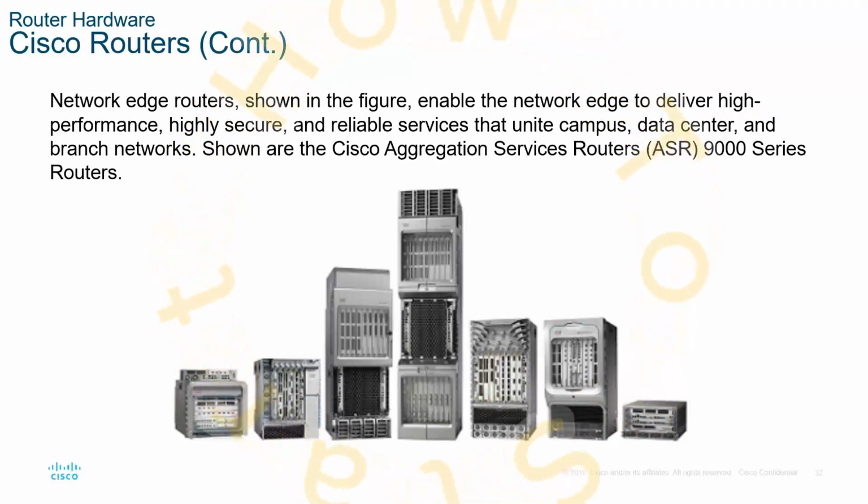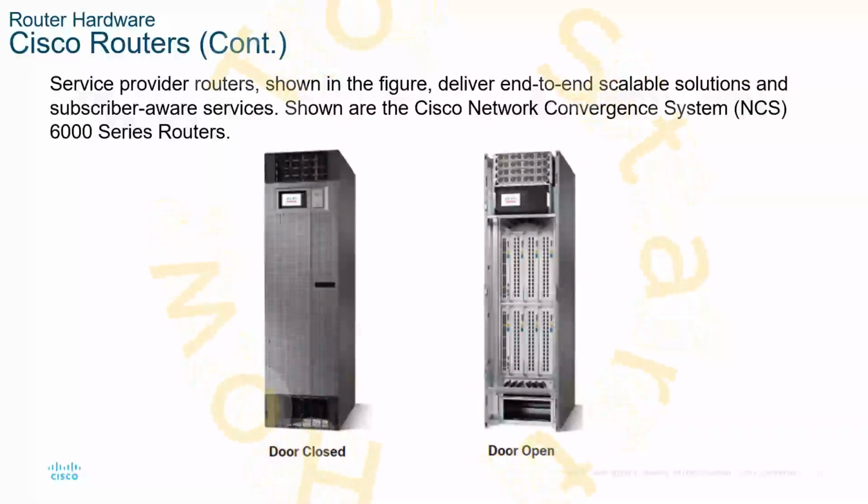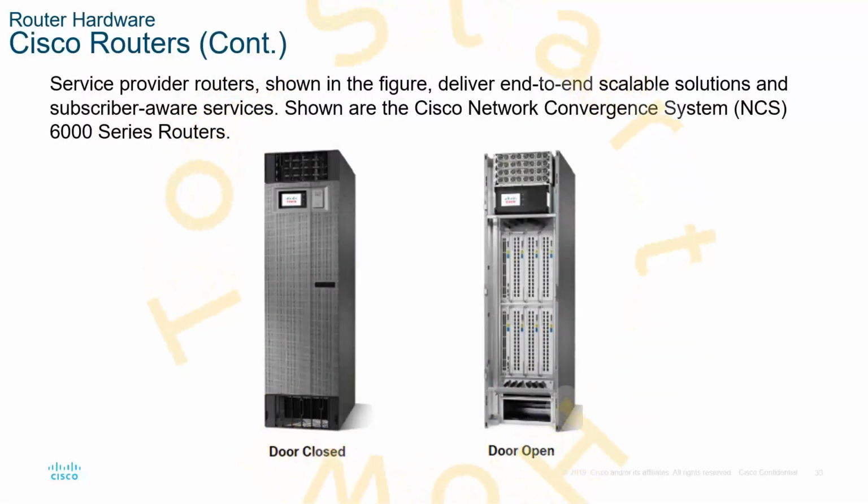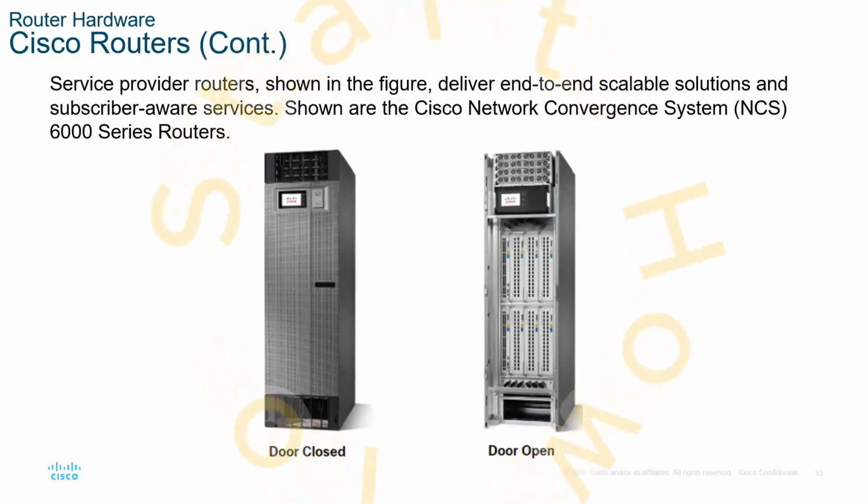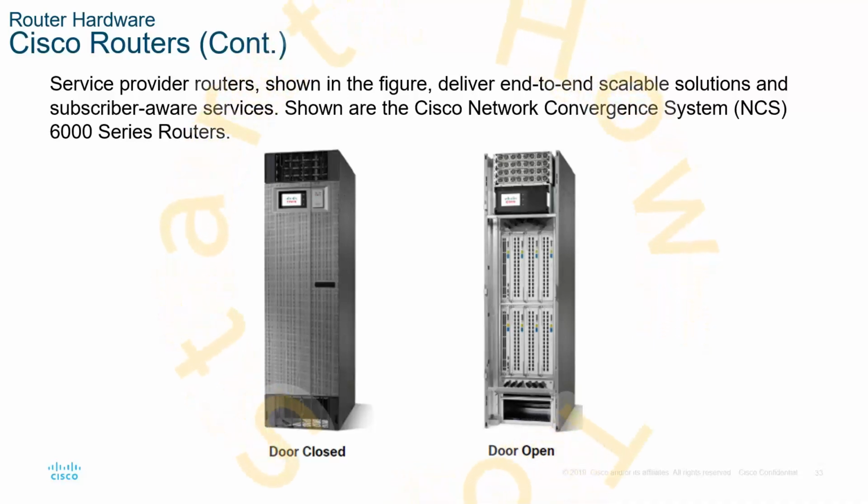Our routers can have a 1U chassis, or an 18U chassis, or anything in between. These are called aggregation services routers, ASRs. Here we're looking at the ASR 9000. And sometimes you can have an open door or closed door. All of these are about network convergence systems.